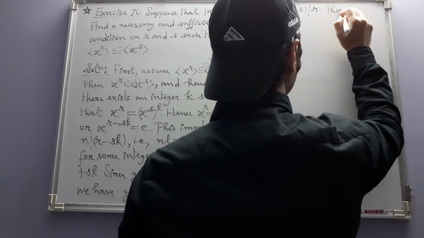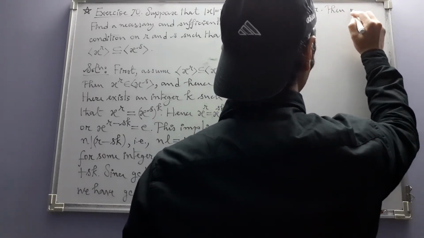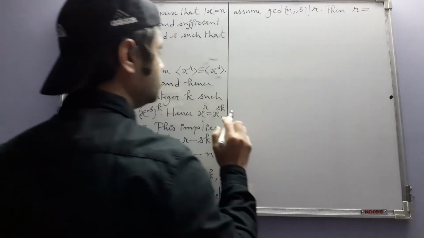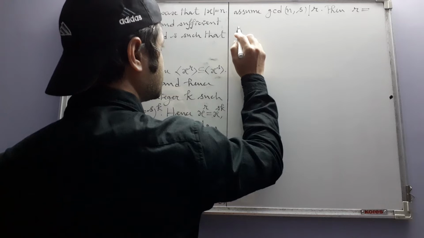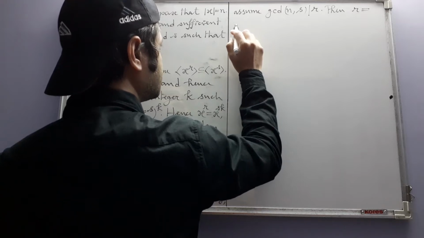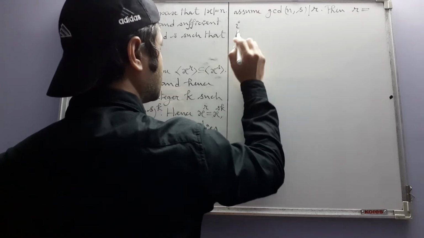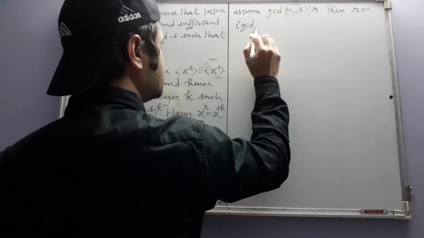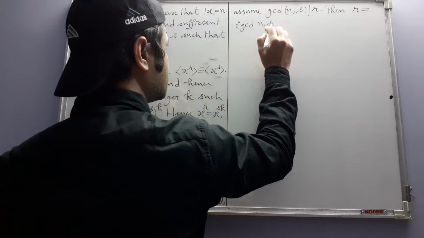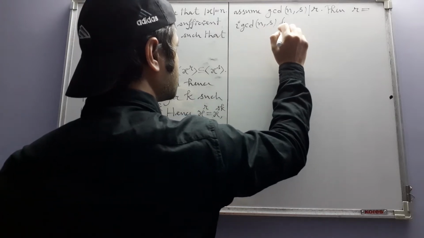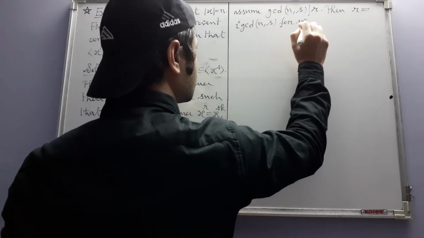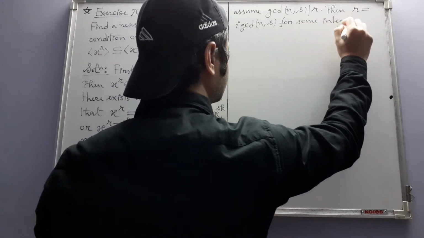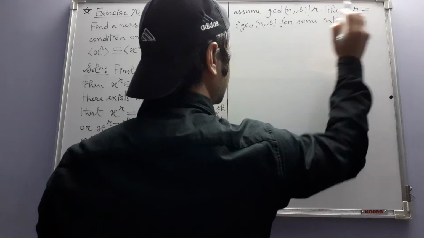Then r is equal to, say, l times GCD of n and s for some integer l.